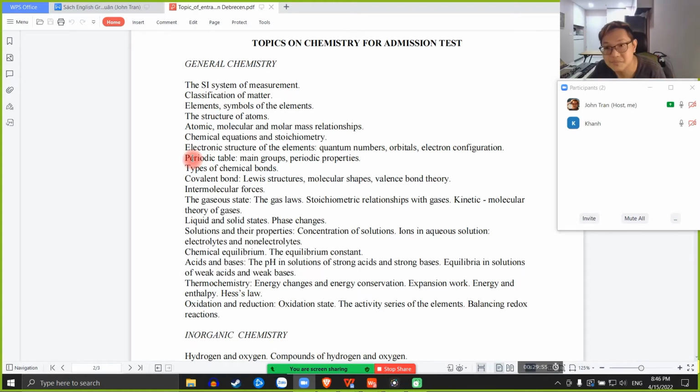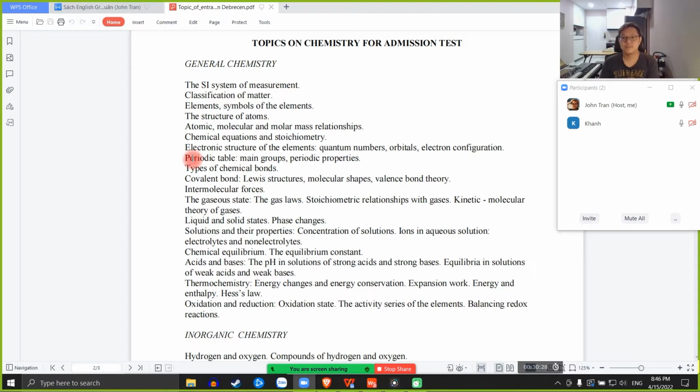Informative way. Okay. And elements are arranged left to right and top to bottom in order of increasing atomic numbers, and with the increase of atomic mass.